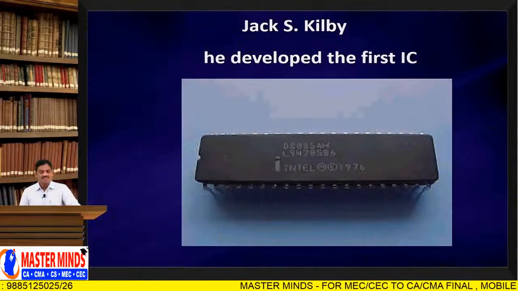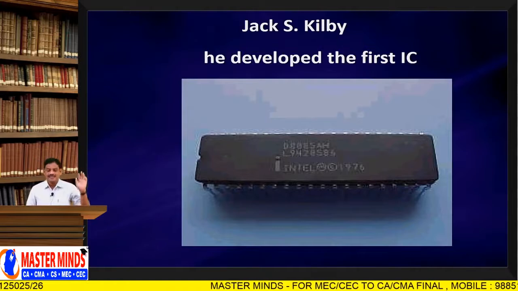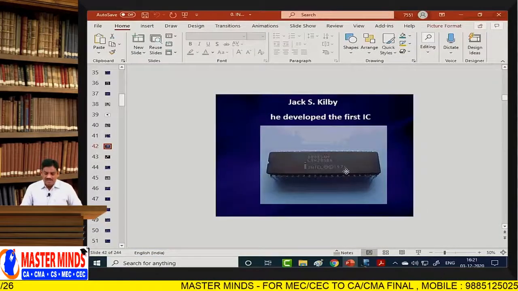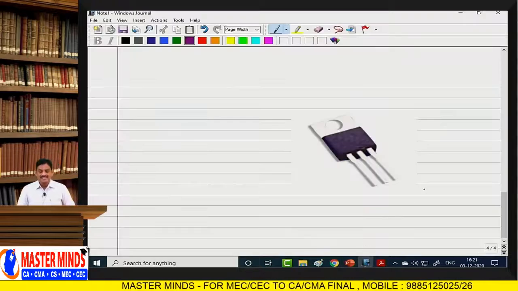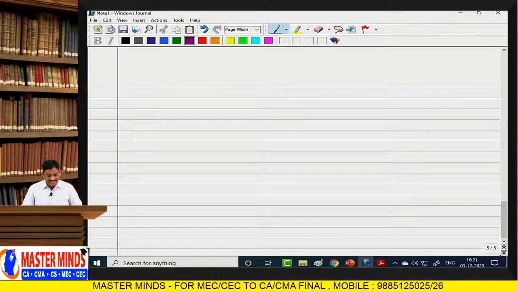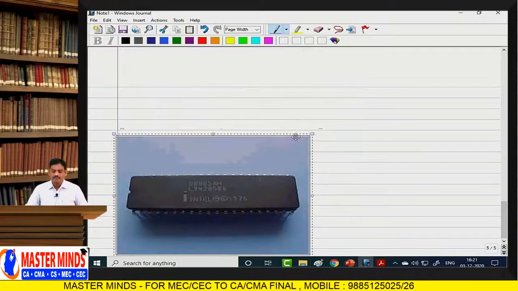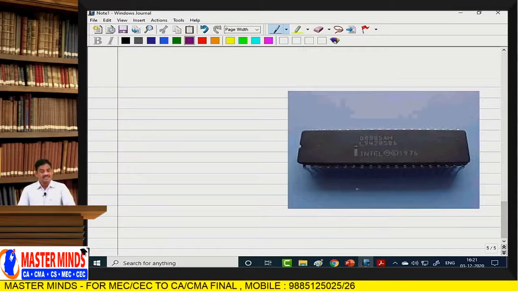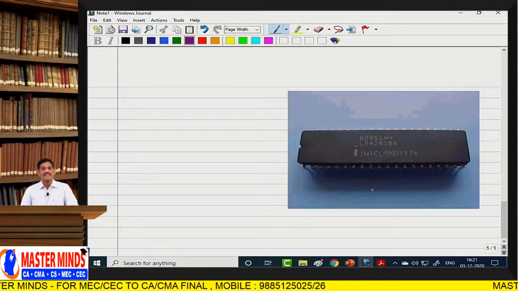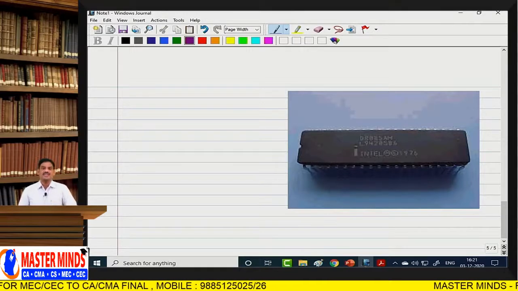This is the diagram of an integrated circuit. Who developed it? Integrated circuits were designed by Jack S. Kilby. Millions of transistors and other devices are integrated together in a semiconductor material.